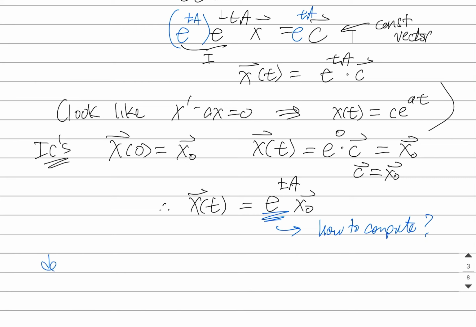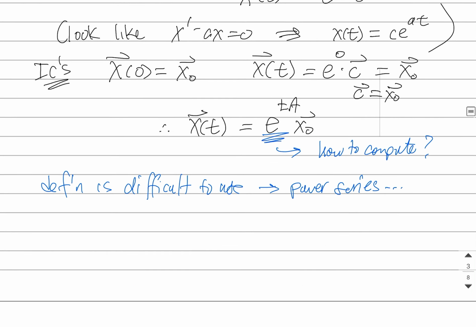Right? The definition is difficult to use because it has these power series, and there's a lot of them, infinitely many. So there's another approach. We can compare this to how we normally solved a first-order system.